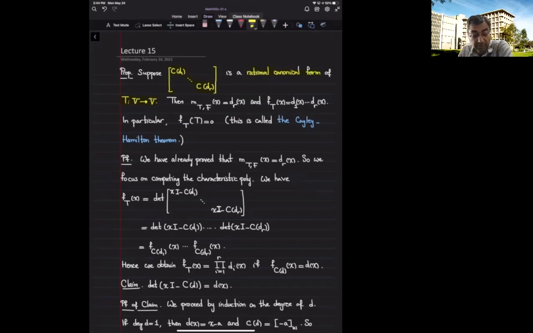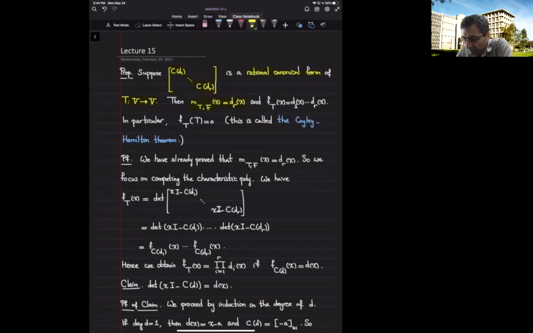We know that if I give you a linear transformation, you can always find a matrix representation for T that is of this form. And moreover, as part of the definition of rational canonical form, in the second part of the theorem that we proved, the last one is going to be the minimal polynomial of this linear transformation.